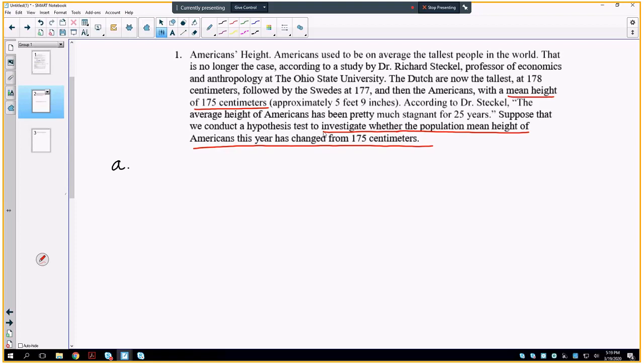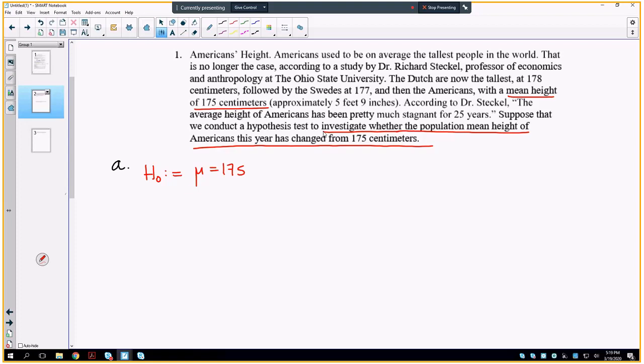Okay, so the null hypothesis in this case should be that the mean is 175. So the researcher said it was 175.